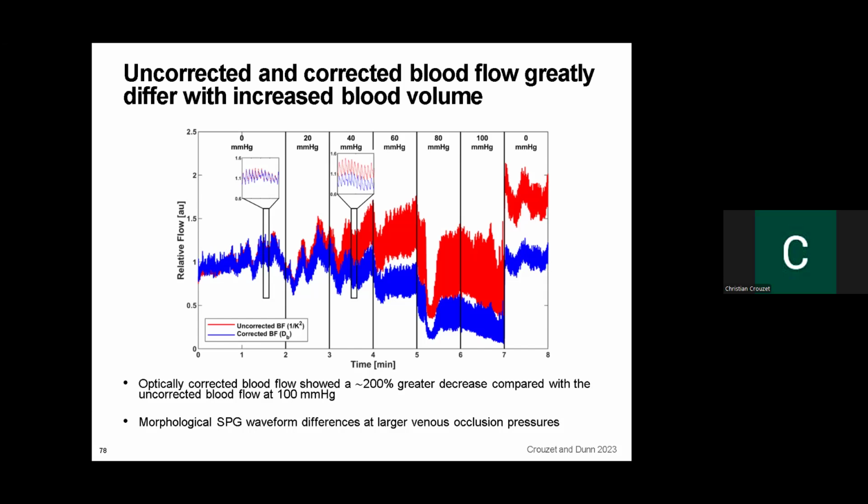So the question is, does the amplitude of the oscillations in the SPG give any information about the blood pressure? Yeah, that's a good question, Vasan. Right now, I don't know the answer.